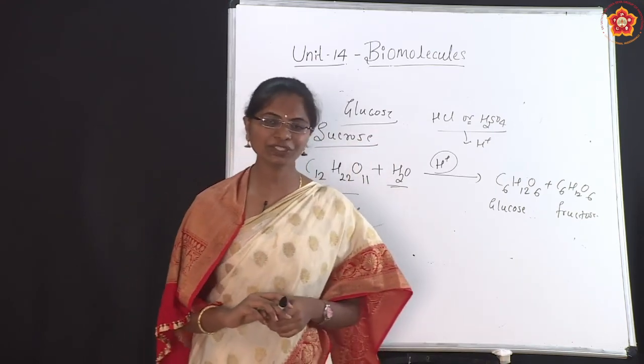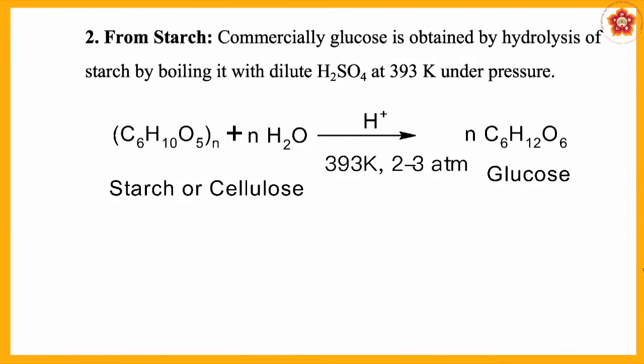The next preparation is from starch. Commercially, glucose is obtained by hydrolysis of starch by boiling it with dilute H2SO4 at 393 Kelvin under pressure, 2 to 3 atmospheric pressure. Starch or cellulose has the molecular formula (C6H10O5)n, because starch is a polysaccharide.